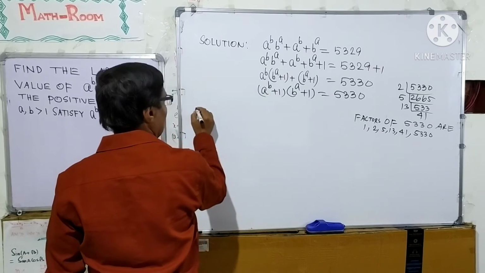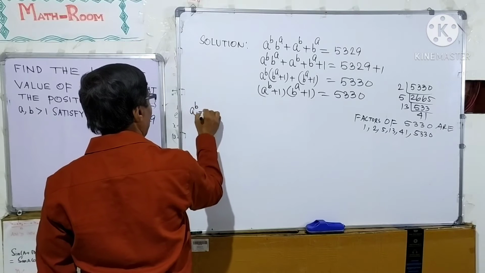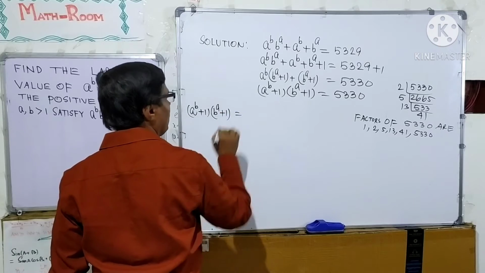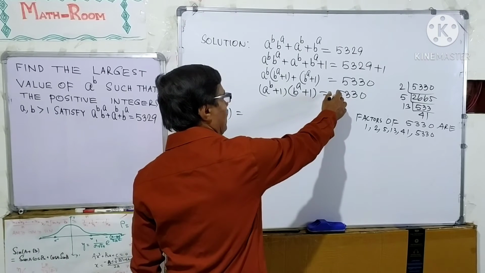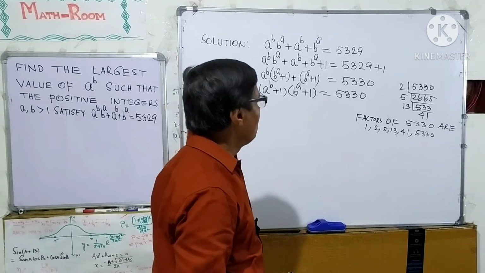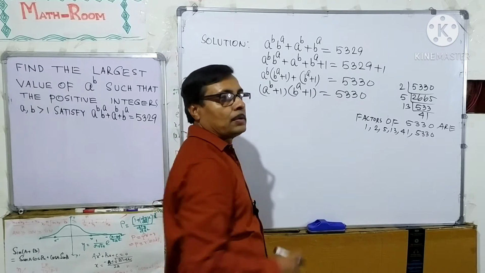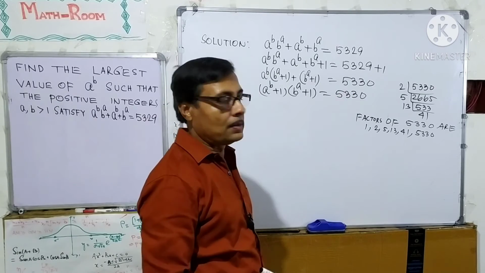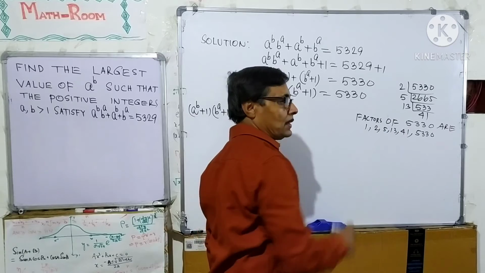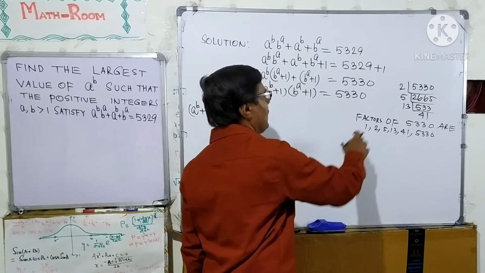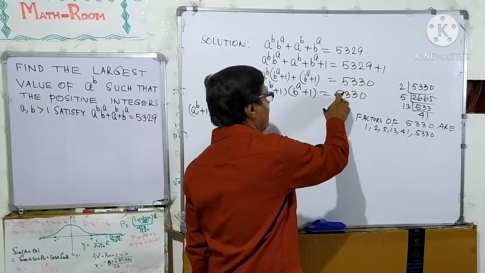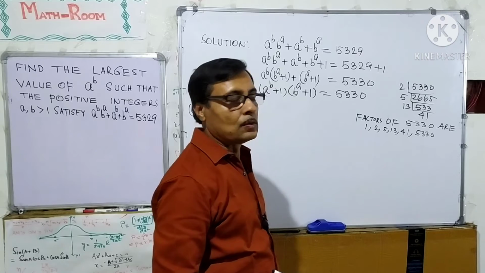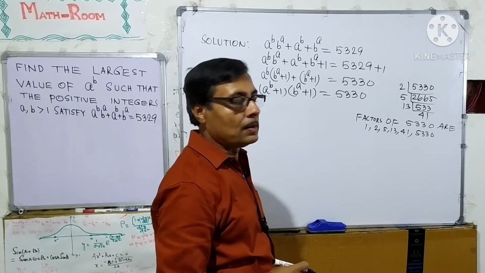Now a to the power b plus 1 times b to the power a plus 1 equal to 5330, and this number can be written as the product of its 2 factors in 10 ways. There are factors, and with these factors we can write the right hand side as the product of its 2 factors in 10 ways.